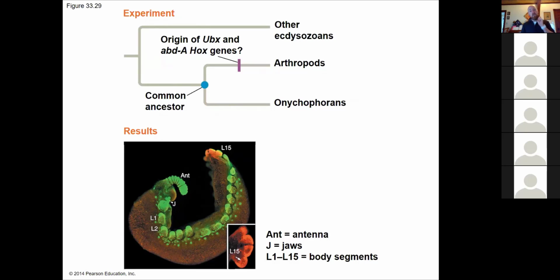So we did the genetics of this, specifically the Hox genes. What we see here is all of these segments, all of these legs represent the expression of different Hox genes. And we thought that the onychophorans might be an early arthropod ancestor. What the genetics told us was no, they're not. They're a separate group off of arthropods, but don't represent some sort of ancestral form. So the question still continues, where did they come from?